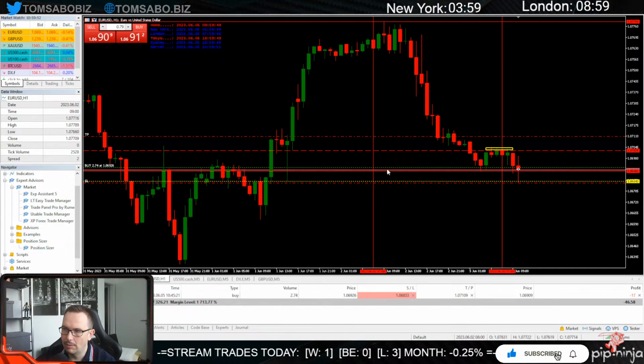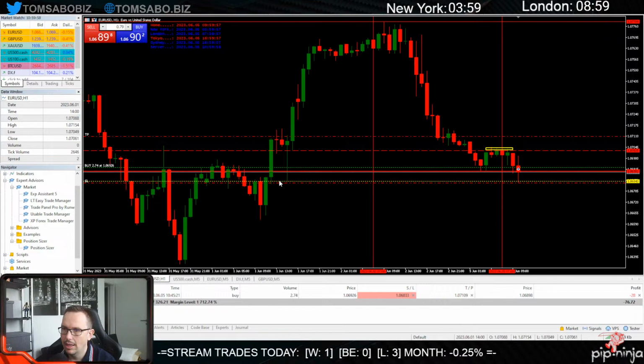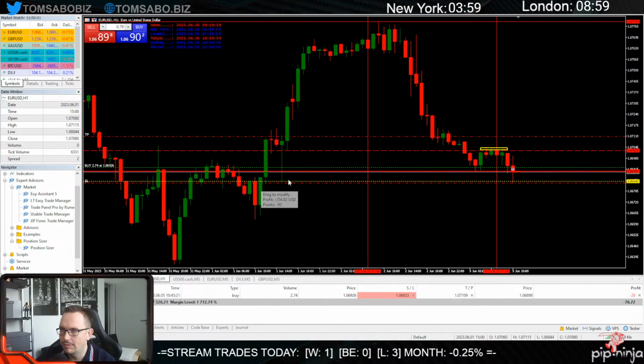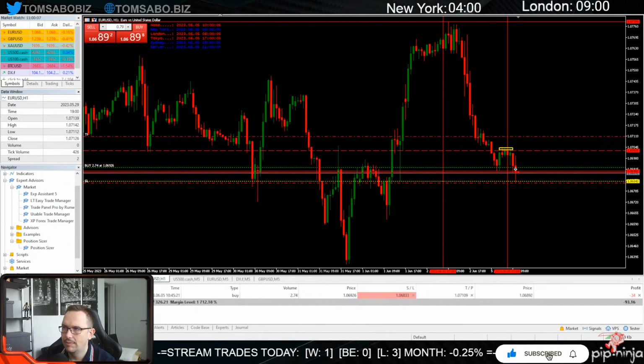So if I'm trading intraday, then the 1 hour candle definitely is a guideline. And if we look at the 1 hour candle, we are in a discount array so far, I would say.